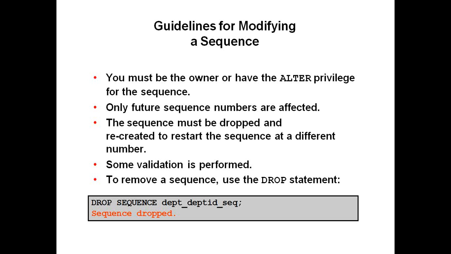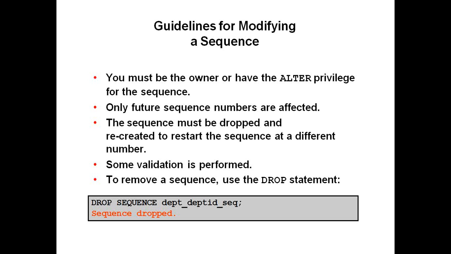And when you change something, the existing sequence numbers will not get impacted, it is only applicable to the next values. And the sequence must be dropped and recreated to start the sequence from a different number. So if you want to start the sequence again from a different starting point, you need to drop and recreate the sequence. That's the only option that we have.